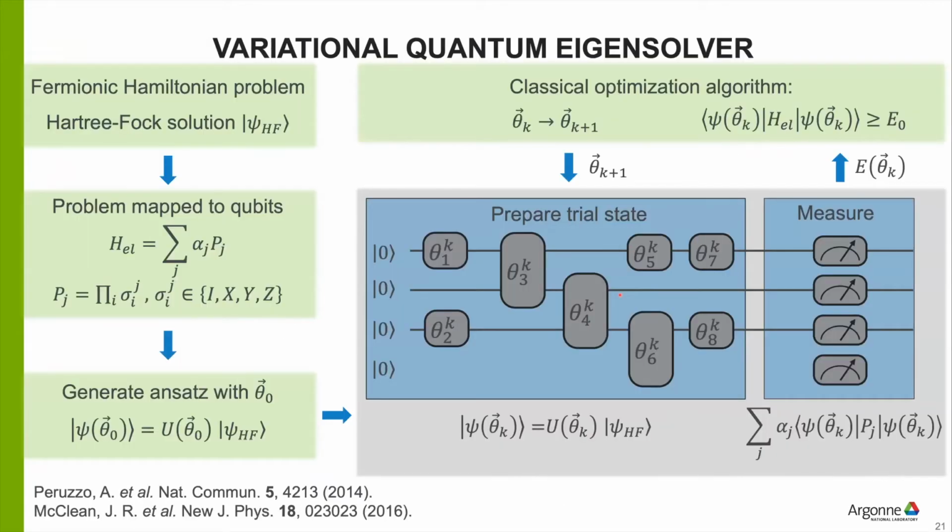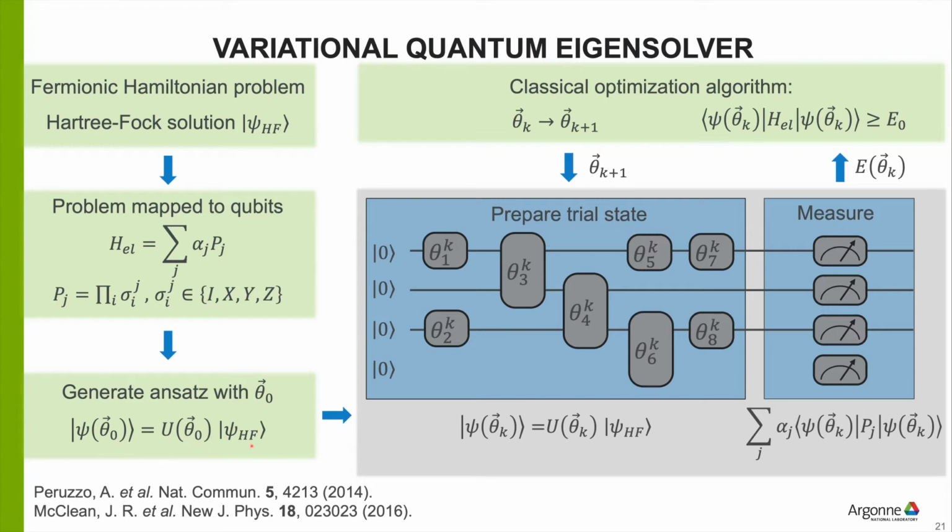All right, so here is the flowchart for the variational quantum eigensolver. I've talked about most of the pieces here. Basically, we start with the fermionic Hamiltonian problem, perform the Hartree-Fock solution to get the initial trial state. Then we map the problem to qubits, which I've just talked about before. And then we generate an ansatz to represent the trial wave function.